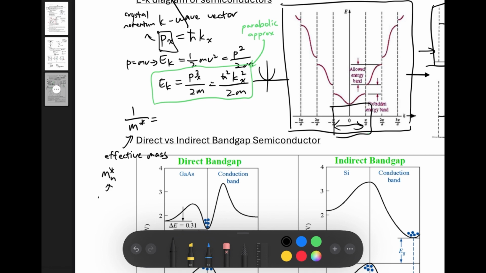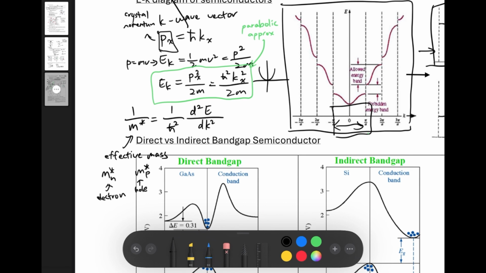This is equal to 1 over the reduced Planck constant squared, times the second derivative of E with respect to k.